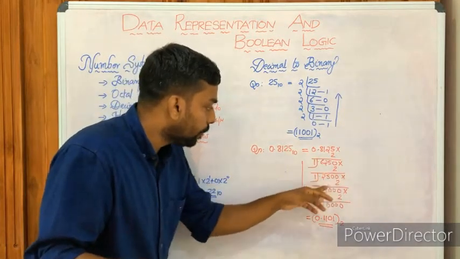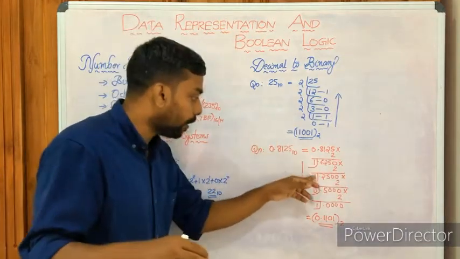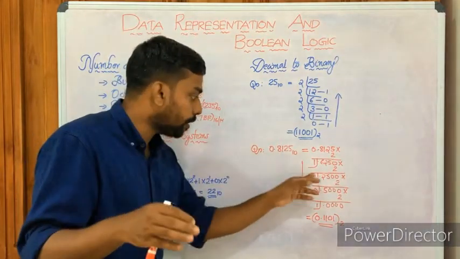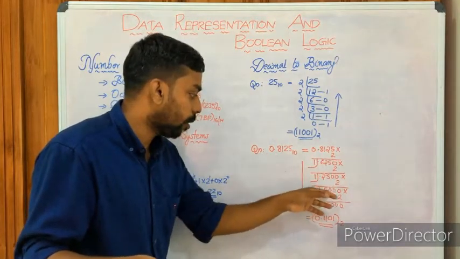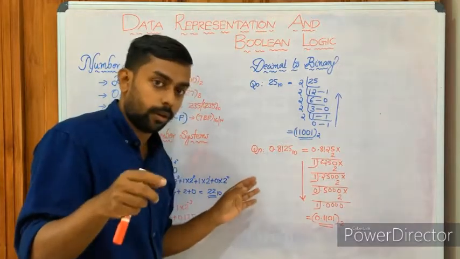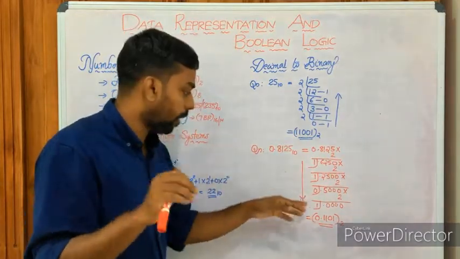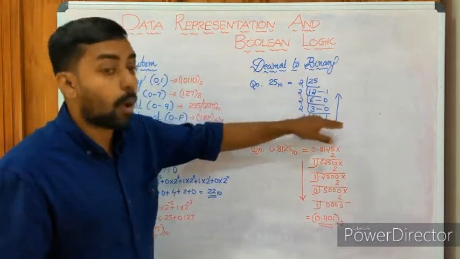Then again into 2 we get 1.2500. Here also we take 1 out, so it will be 0.2500. Into 2 we get 0.500. Here we don't have 1, it is 0, so 0 is taken out. Then into 2 we get 1.